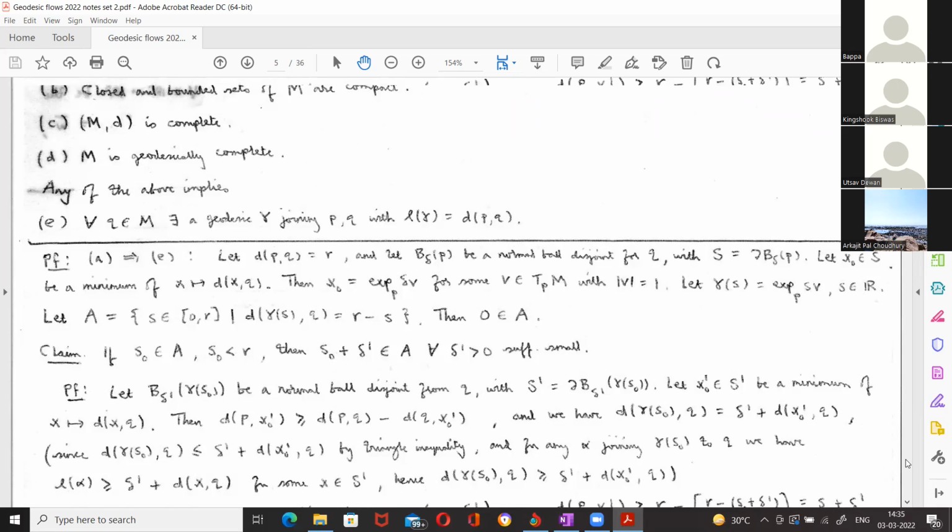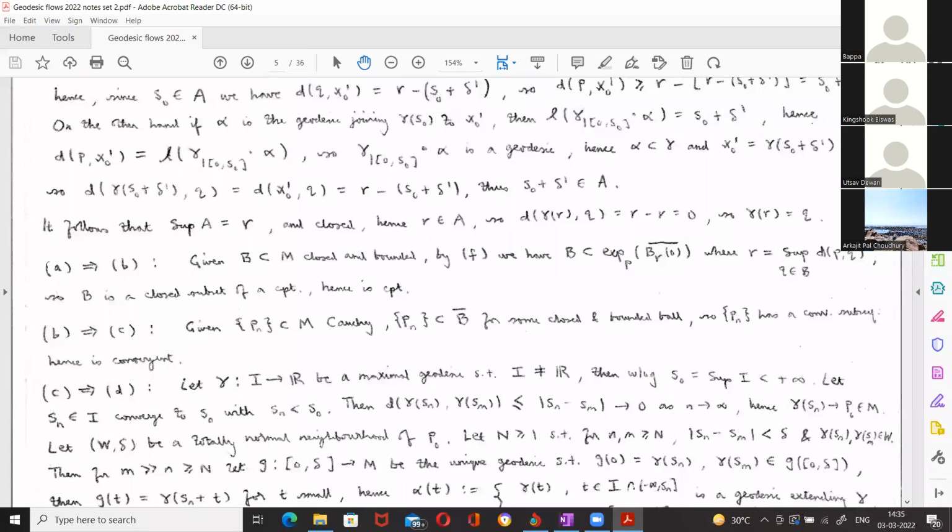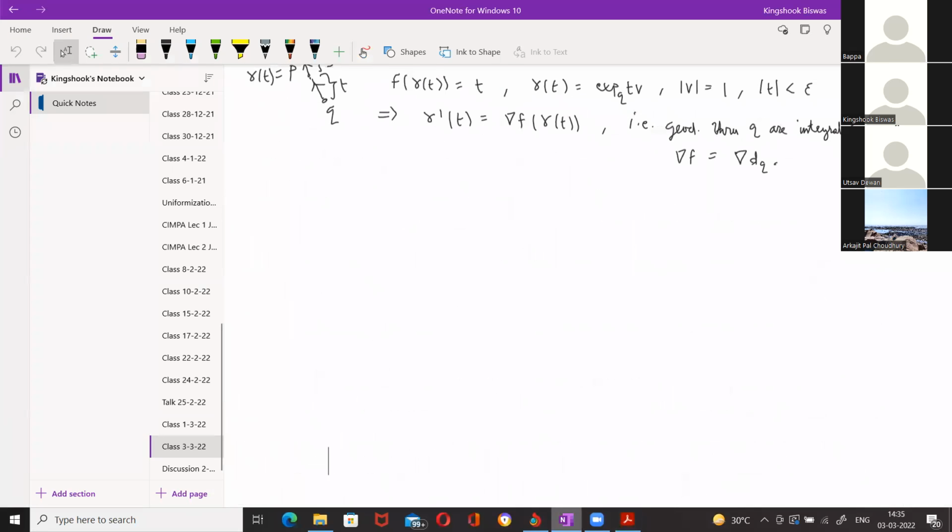So I've written a proof here, but let me just draw you the picture and it will be obvious what I'm doing. Proof of Hopf-Rinow. So C implies D.